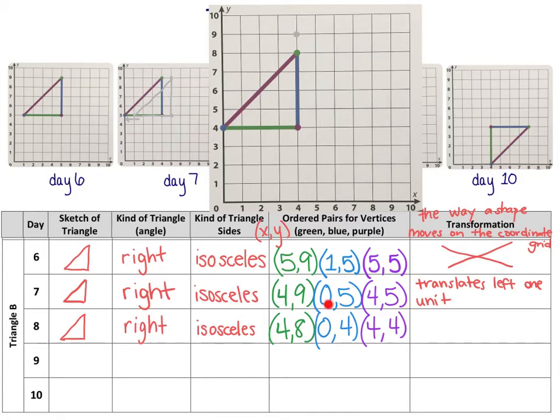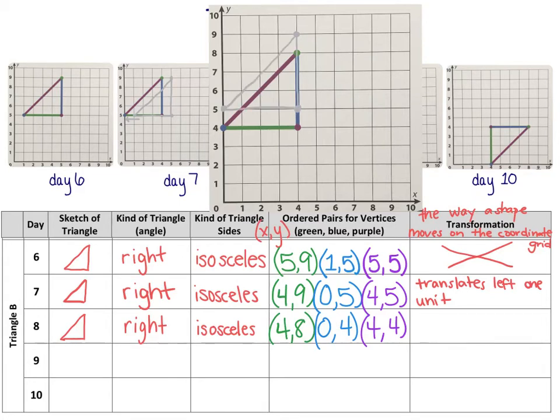Then I go to 0, 5. 0 on the x-axis, 5 on the y-axis. There's 0, 5. And then we have 4, 5. 4 on the x-axis, 5 on the y-axis.